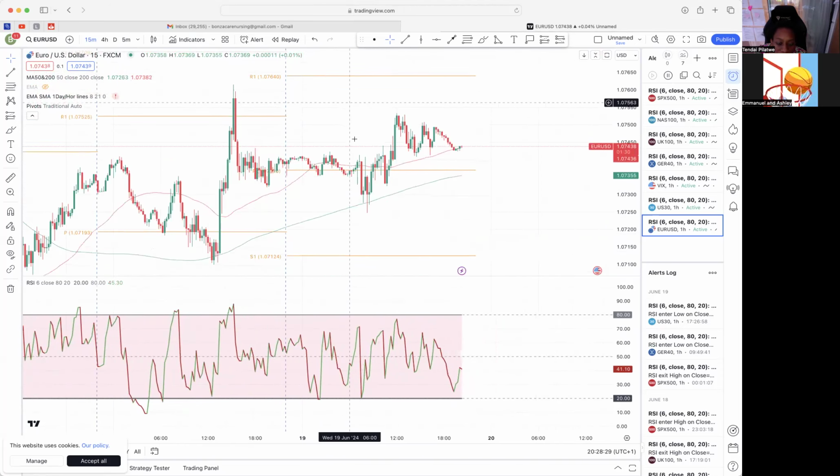So usually when price is around the pivot line, it will probably go up to R1 or down to S1. So these are like points where price changes direction.